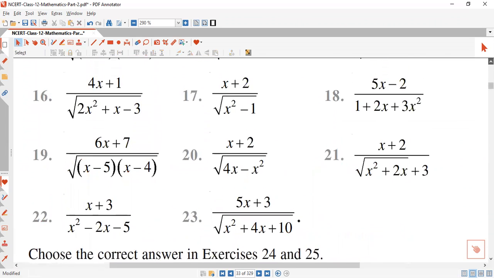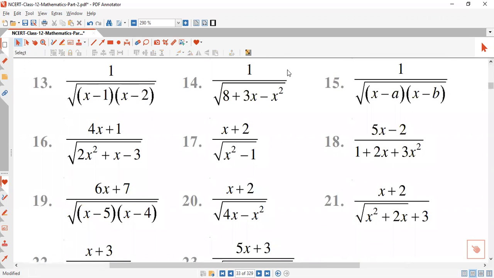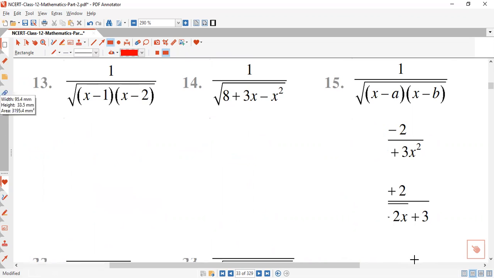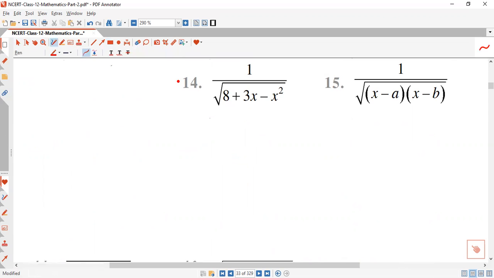Now, after question number 13, I would like to do question number 14. All right, so in question 14 we want to do this integration.